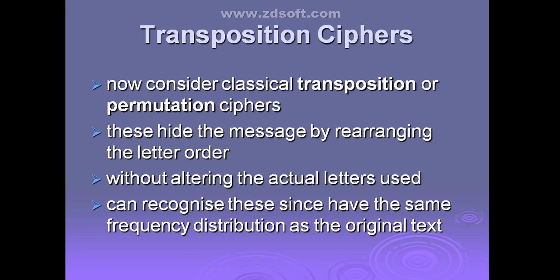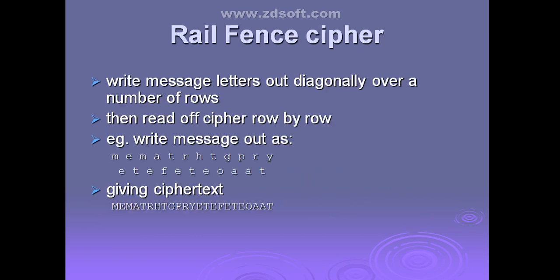Now consider the classical transposition or the permutation. You can also call it permutation ciphers. These are going to hide the message by rearranging the letters' order. There is a rearrangement of the letters ordering without altering the actual letters used. That means here you are not going to replace the letters with another character as in substitution. You are just rearranging the letter ordering.